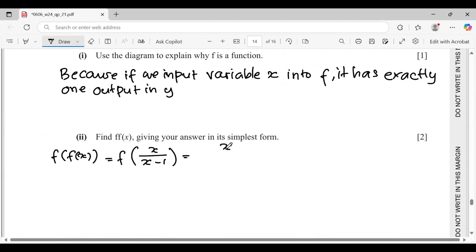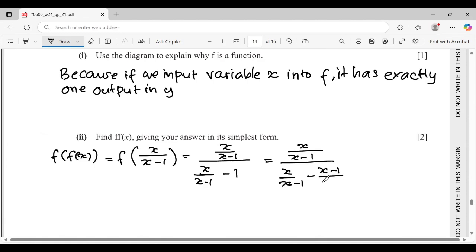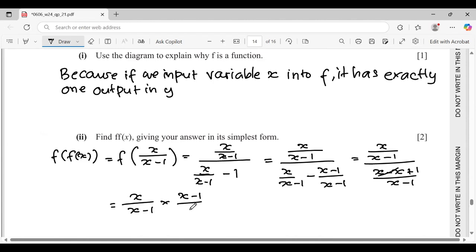It becomes x over x minus 1, over x over x minus 1 minus 1. Which becomes x over x minus 1, over x minus x plus 1 over x minus 1, which is x over x minus 1 times x minus 1 over 1. So it is x. So ff(x) equals x.